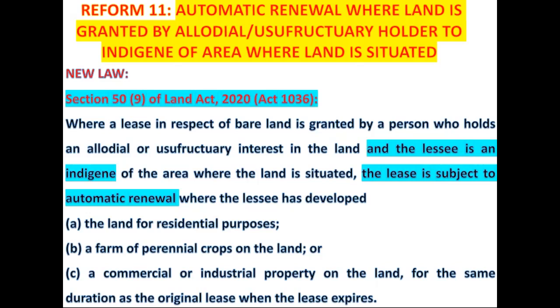It reads as follows, and I quote, where a lease in respect of bare land is granted by a person who holds an allodial or usufructuary interest in the land, and the lessee is an indigene of the area where the land is situated, the lease is subject to automatic renewal where the lessee has developed (a) the land for residential purposes, (b) a farm of perennial crops on the land, or (c) a commercial or industrial property on the land, for the same duration as the original lease when the lease expires.